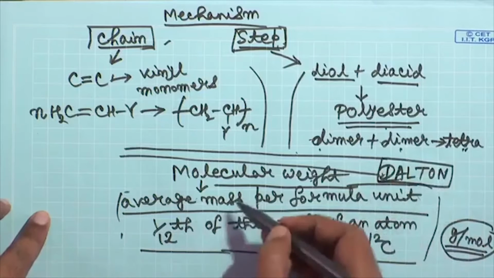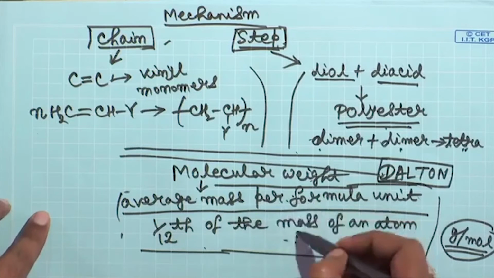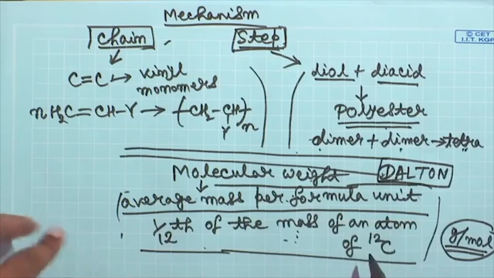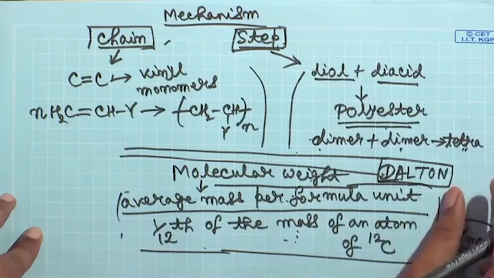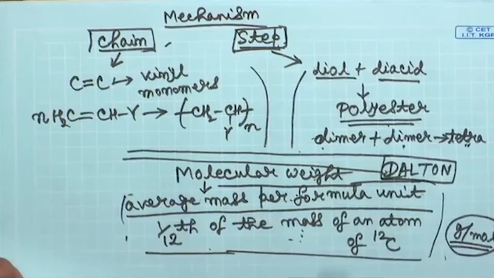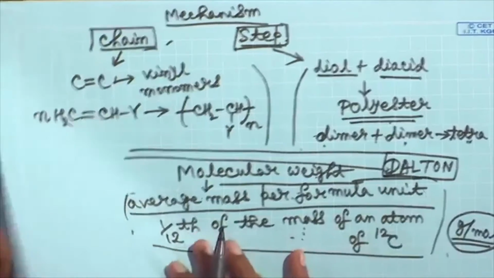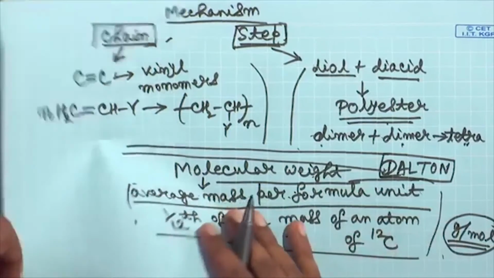There is a mass in the numerator and a mass in the denominator, so the unit of mass gets cancelled. Gram per mole is the molecular mass, but for molecular weight we also use this unit gram per mole, or you can use Dalton also, although this is not correct in that way, it is quite prevalent.